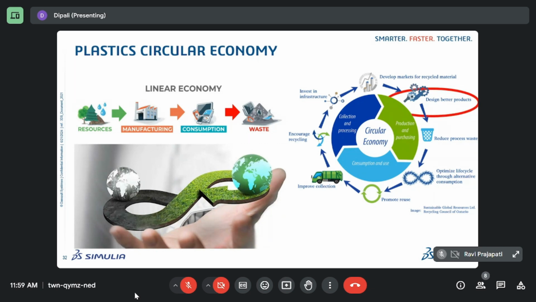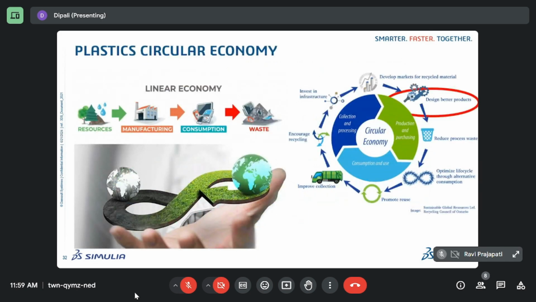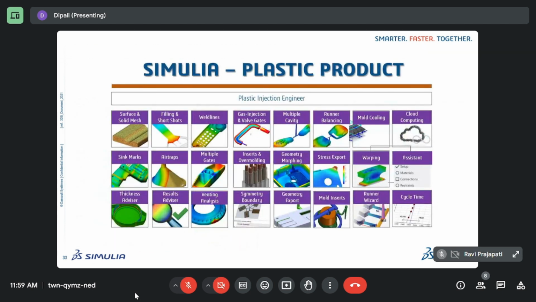So that's why it becomes very crucial to produce optimized plastic products which are more durable, which help us to create a positive contribution to the environment.